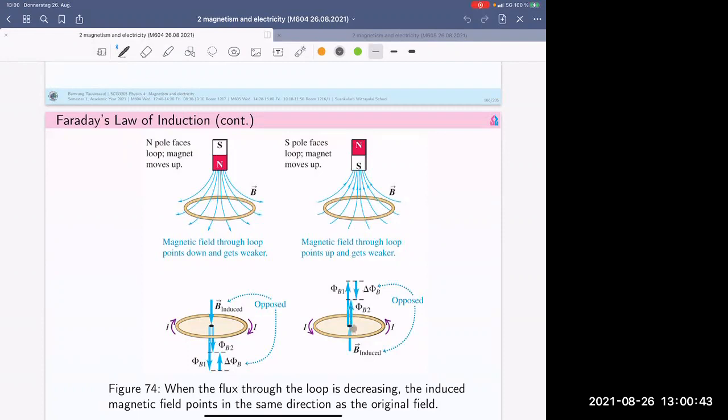So at state 1, we get the strong flux, which is phi B1, and at the second situation, we move the permanent magnet out of the conductor, we get lighter magnetic flux, which is phi B2. That's why we can see the shorter vector here. And in physics, we have to measure the difference, right? The final state minus the initial state, okay, phi B2 minus phi B1.